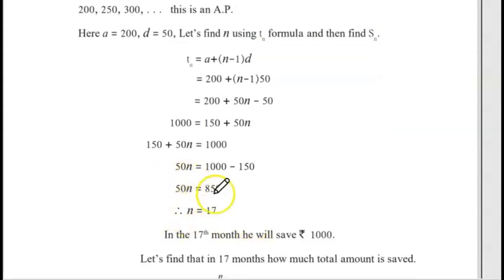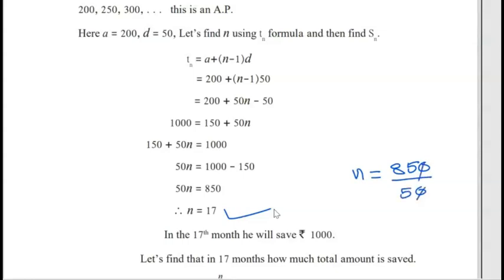Therefore 50n is equal to 1000 minus 150, you will get here 850, and hence n is equal to 850 upon 50. Then you will get here n is equal to 17. Easy, that's a division आहे त्या ठिकाणी. Okay, let's see this here. N is equal to 850 upon 50.